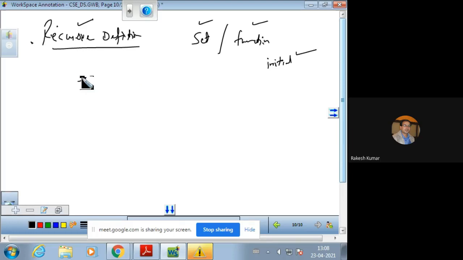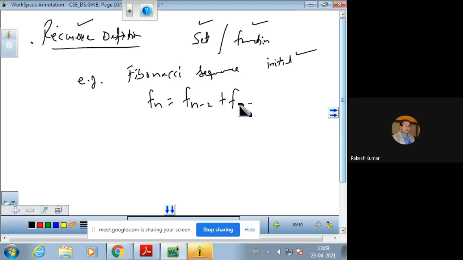A very good example for this is the Fibonacci sequence. You already know it because you are students of computer science. The Fibonacci sequence is a recursive definition, and it is defined by the relation f(n) = f(n-2) + f(n-1), where n should be greater than or equal to 2.